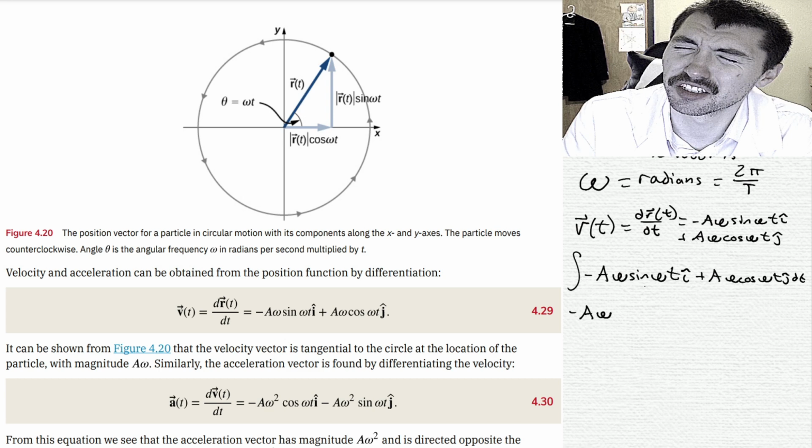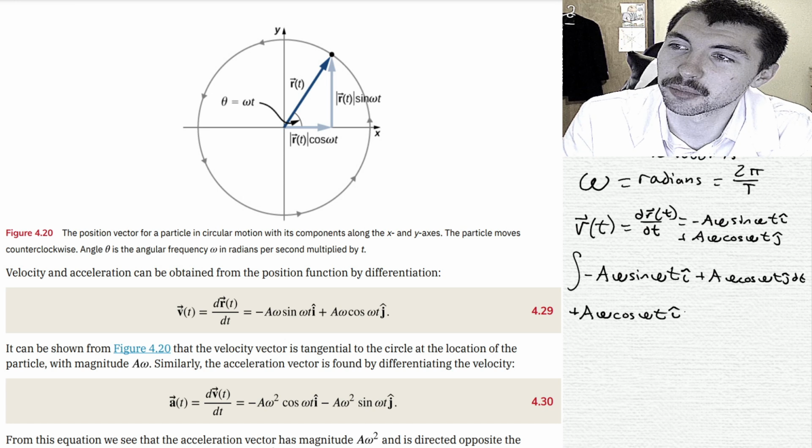So I'm thinking it's going to be plus cosine omega t i. I'm thinking the i stays the same, hoping so.